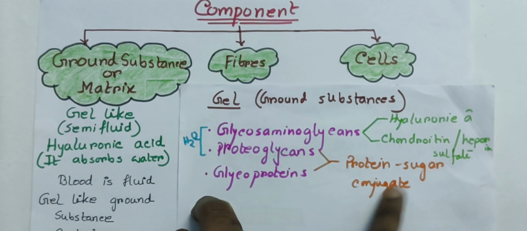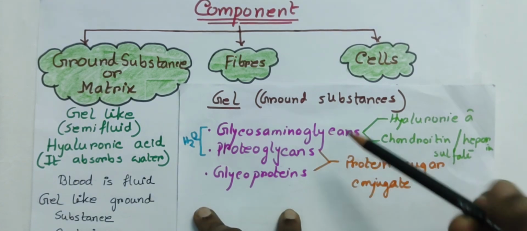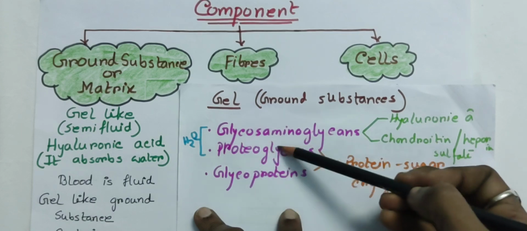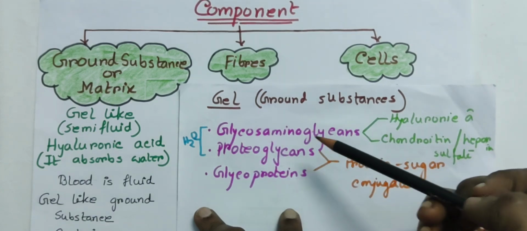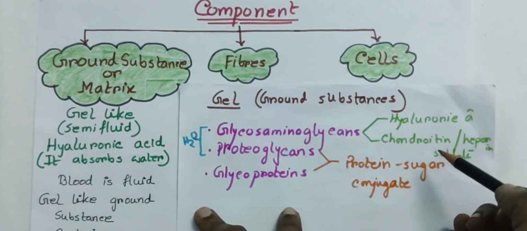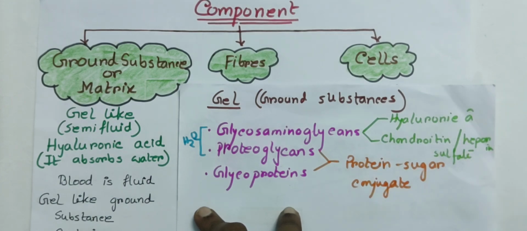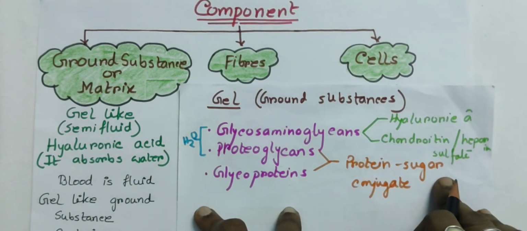Both are protein-sugar conjugates. Glycosaminoglycans and proteoglycans are water-loving compounds, they absorb water. Examples are hyaluronic acid and chondroitin. This is about the gel substance or ground substance of the connective tissue.